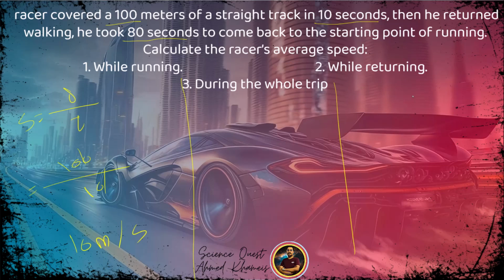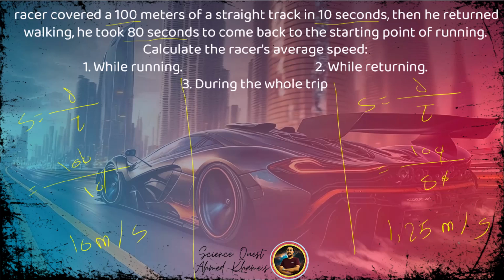While returning, he returned walking and he took 80 seconds. So speed equals distance over time, the same distance, 100 meters in 80 seconds. So he walked at a speed of 1.25 meters per second.